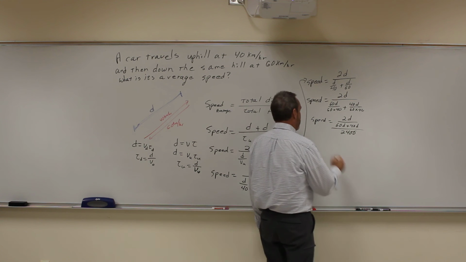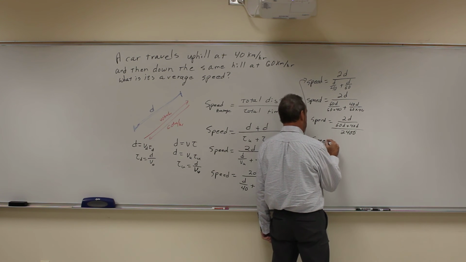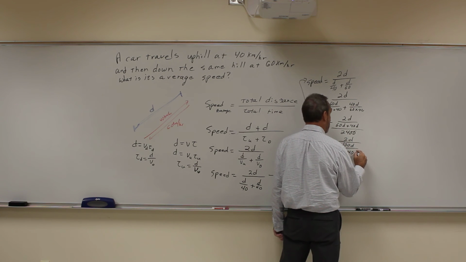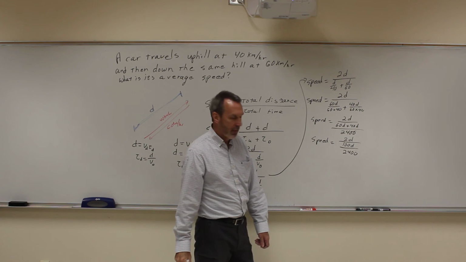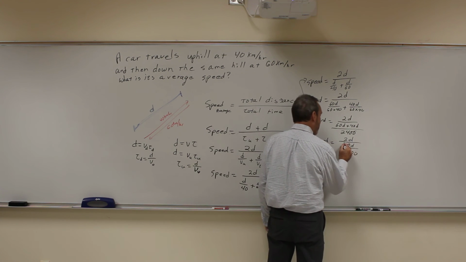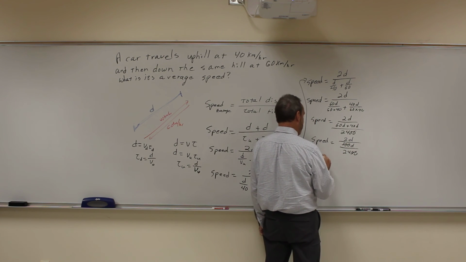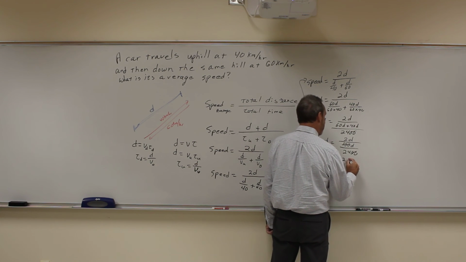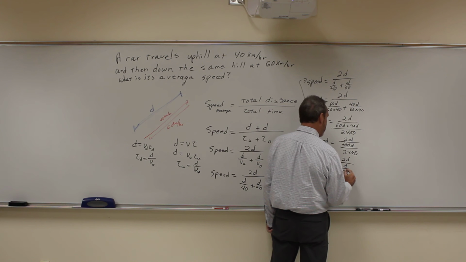All right, keep simplifying. This is 2d over 100d over 2400. This simplifies because the 100 and the 2400 cancel. So speed is equal to 2d over d over 24.